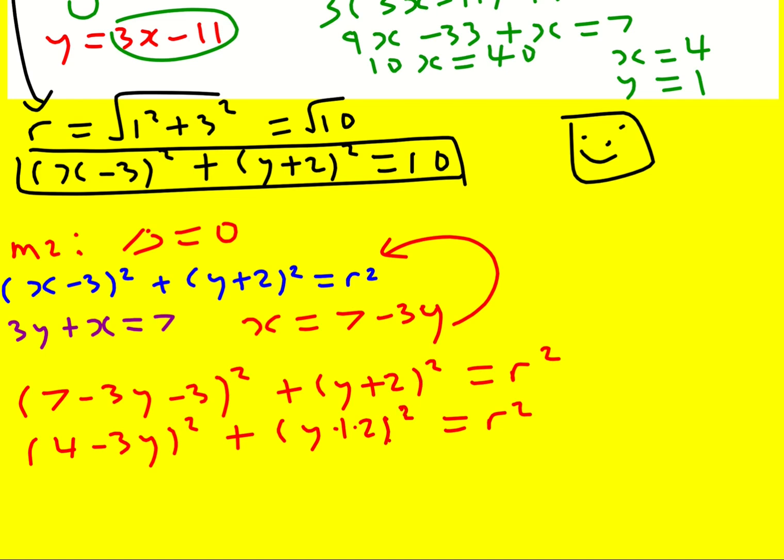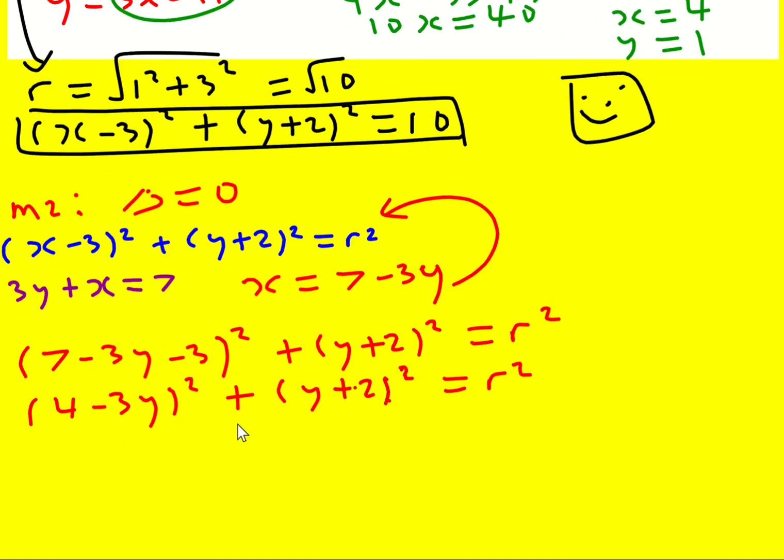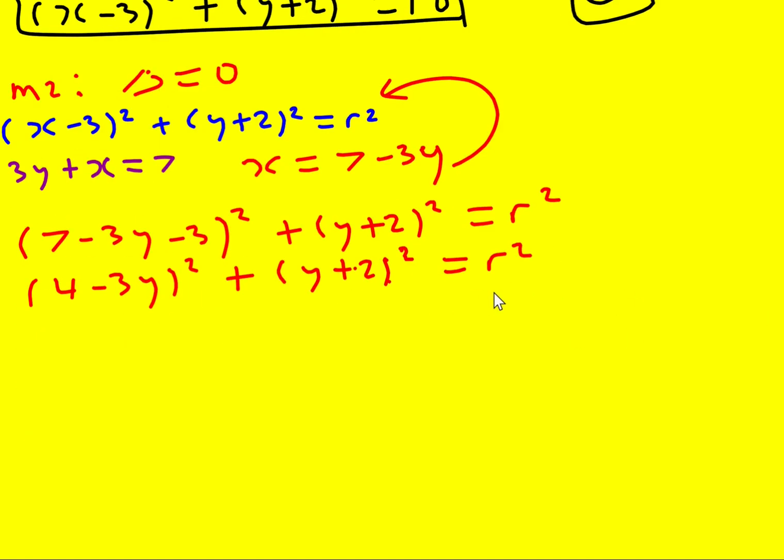Be really careful. You can't be square rooting here or anything. They are separate terms. We're adding things. We need to expand this out. We're going to get 4 times 4, 16. We're going to get 4 times minus 3, but doubled, as minus 24y, plus 9y squared. That's that first bracket.